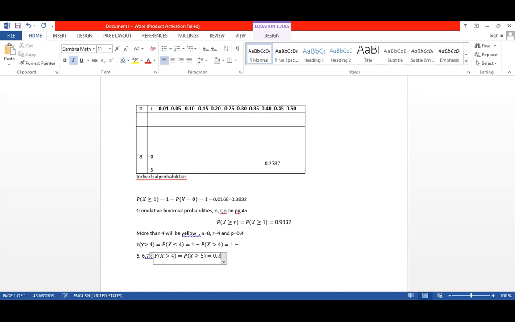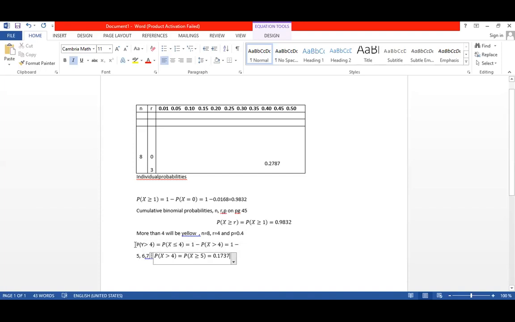Which tables are you reading? Cumulative. Yes. I didn't hear the next digits. 0.1 what? 1737. Now we go back.